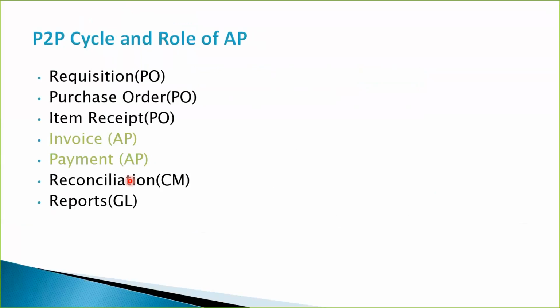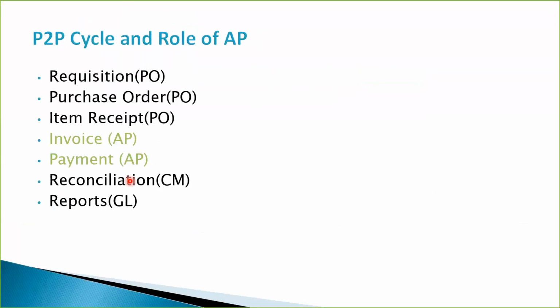We also have the reconciliation part of the cycle, where they make sure that the payments have been done or the payments have been cleared. And then finally, they can generate reports showing all this accounting information, or other kinds of reports.